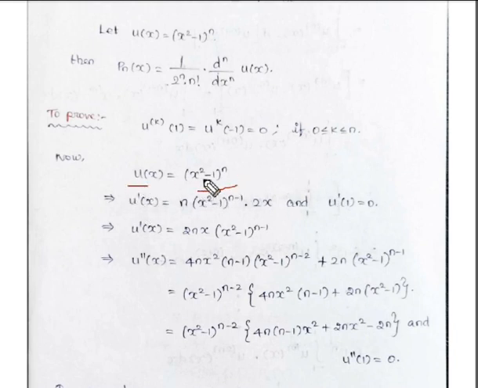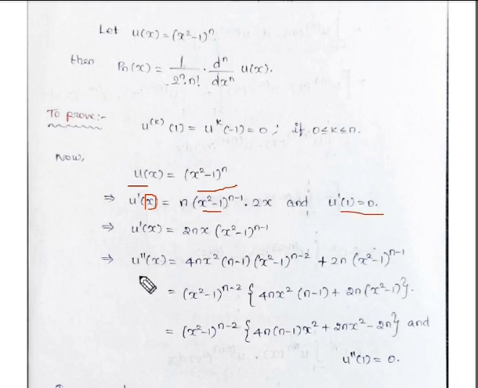We differentiate this with respect to x, so we get n into (x square minus 1) whole power n minus 1 into 2x. Also we find u dash of 1. Instead of x we put 1, we get 0, because x square minus 1 becomes 1 minus 1 equal to 0, so u dash of 1 equal to 0.